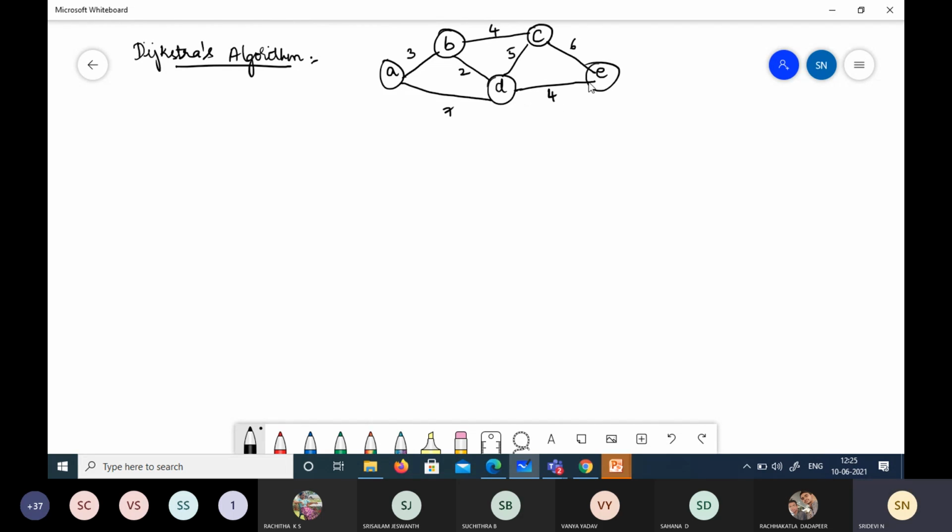This is the graph given. We have to find the shortest path from A to all other vertices, that is Dijkstra's algorithm, from source A. What is the shortest path from A to B, from A to C, from A to D and from A to E? That is what we will find in Dijkstra's algorithm.